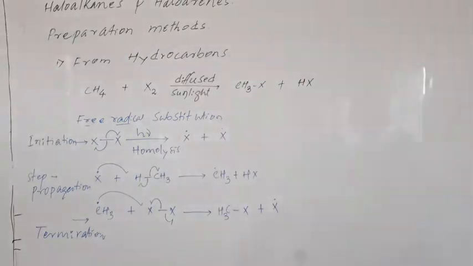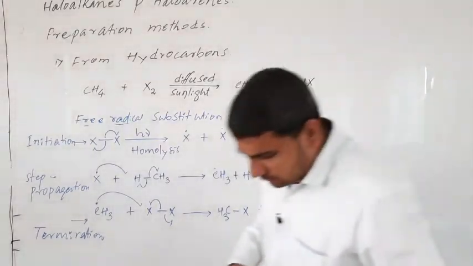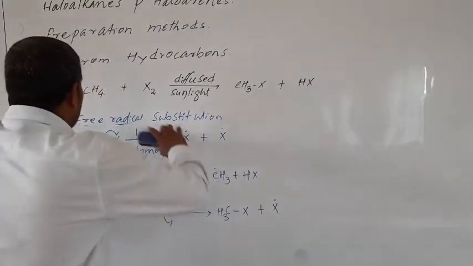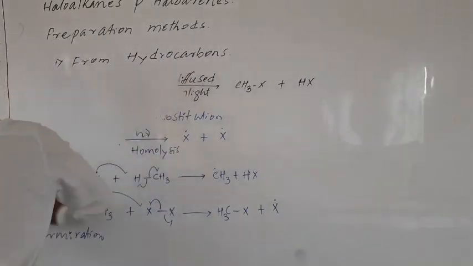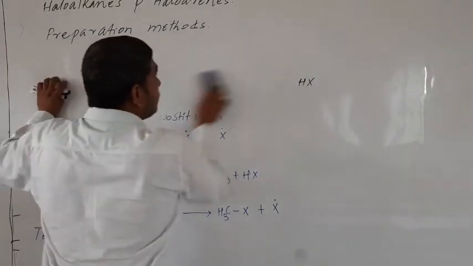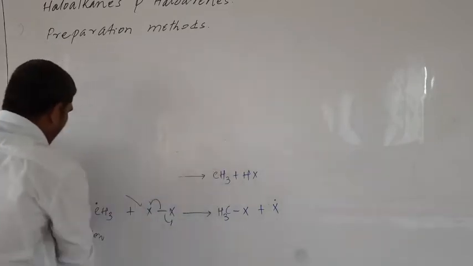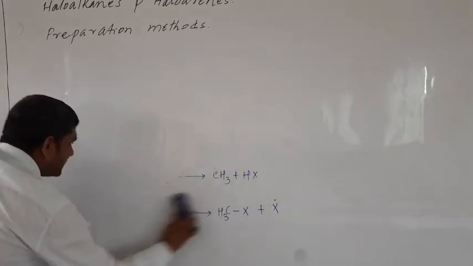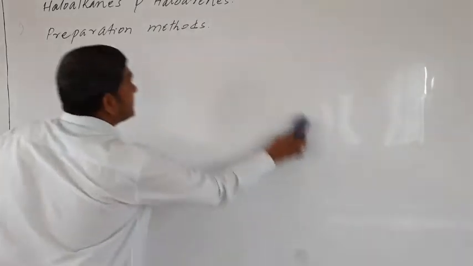Now we will look at different examples so that we will come to know how the halogenation process occurs in the case of hydrocarbons.